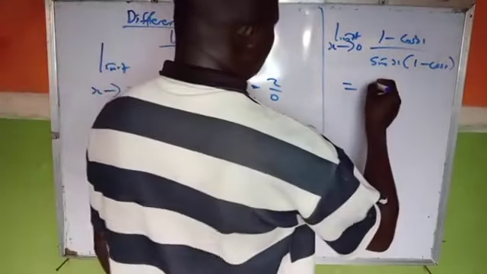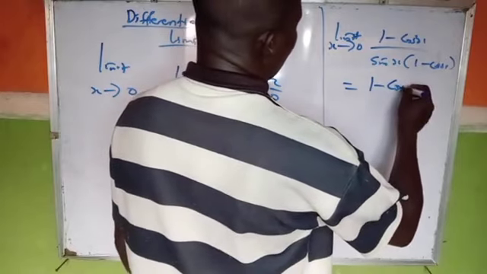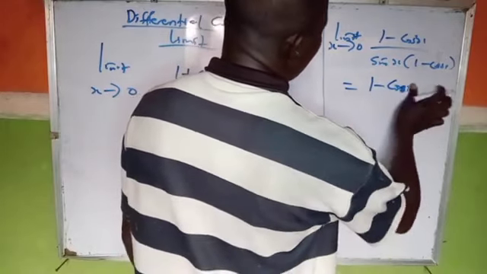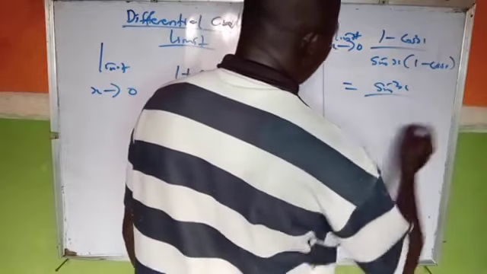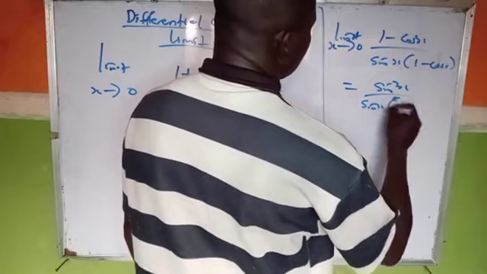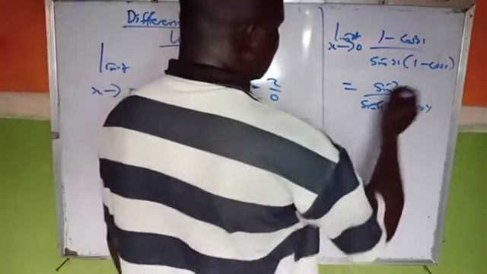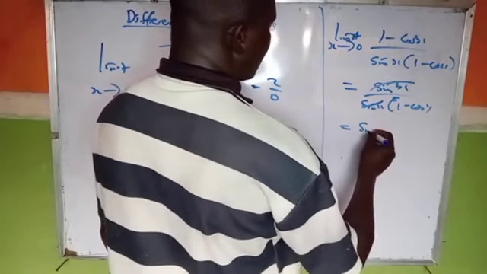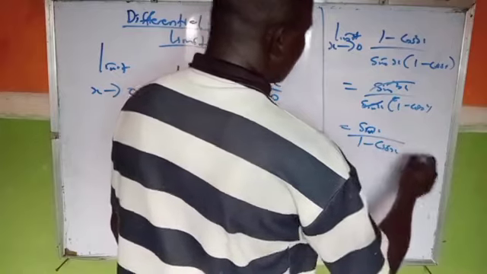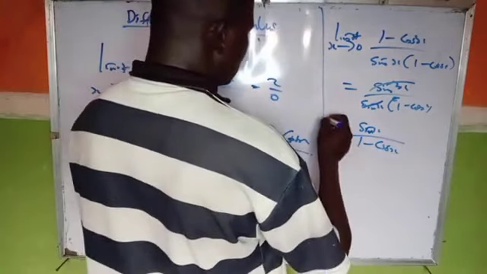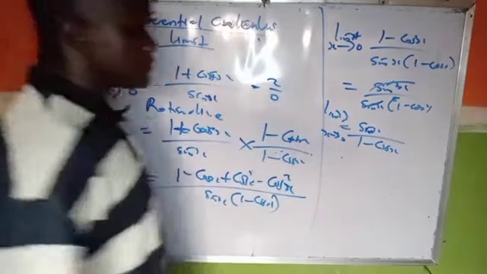Again, you have 1 minus cos square x. This 1 minus cos square x is equal to sine square x over sine x into cos x. So this can cancel this, then you have sine x over 1 minus cos x, as x tends towards 0.